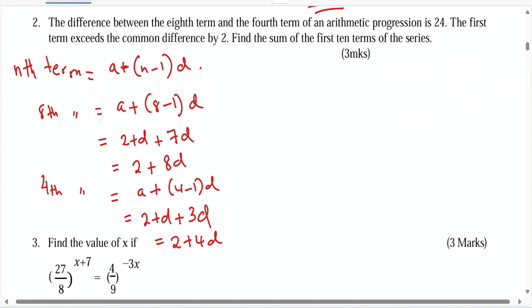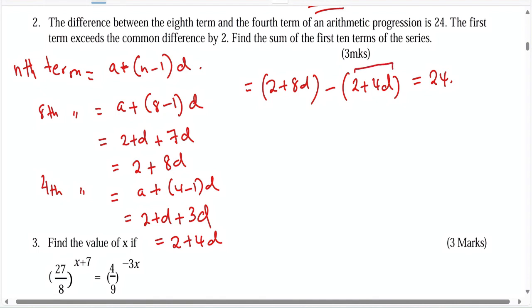Sasa kuna swali umeambiwa the difference between the 8th term, so the difference between this 2 plus 8d and the 4th term which is given by 2 plus 4d is equivalent to 24. Lakini kumbuka hapa nimeweka bracket kusudi kuonesha the whole thing ambao ni 2 plus 4d is your 4th term. Sawa?